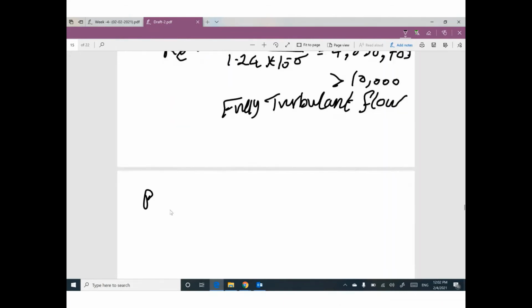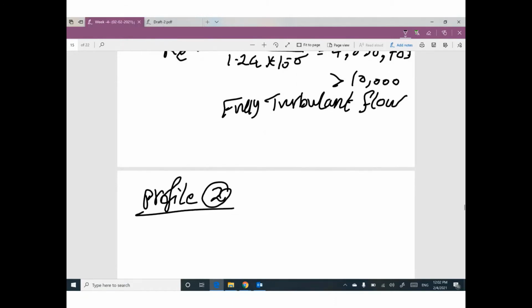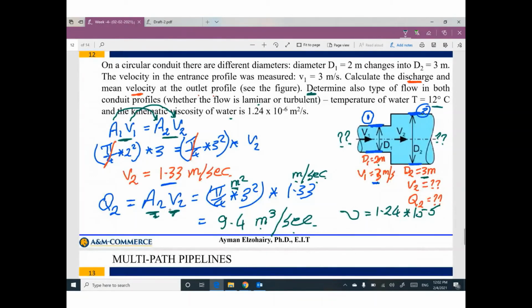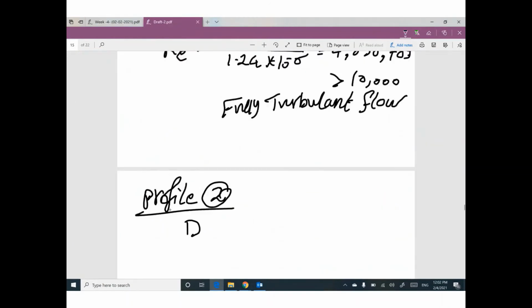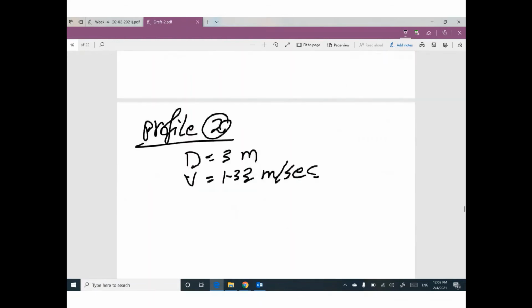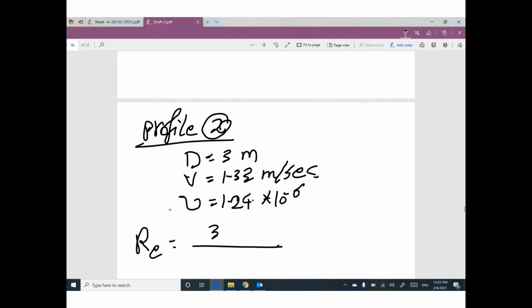Profile number 2. The diameter and the velocity for profile number 2: we have D equal 3 meters, velocity equal 1.33 meters per second. Because we have the same fluid, nu equals the same value, 1.24 times 10 to the power negative 6. So Reynolds number equals V D divided by nu.